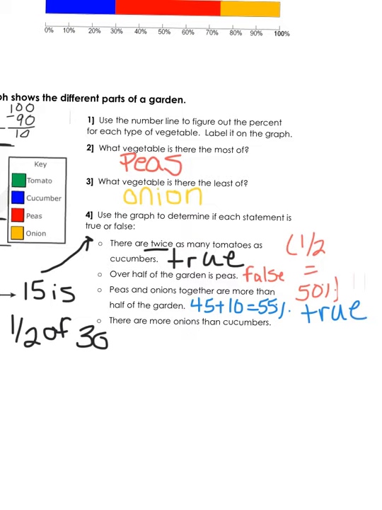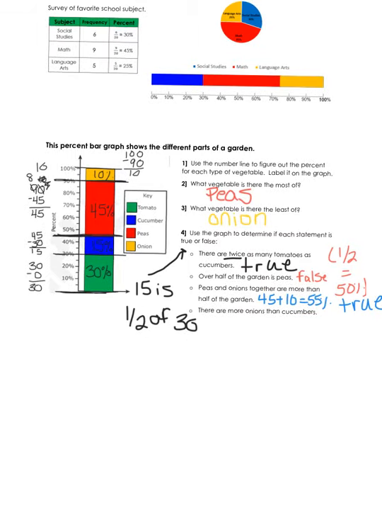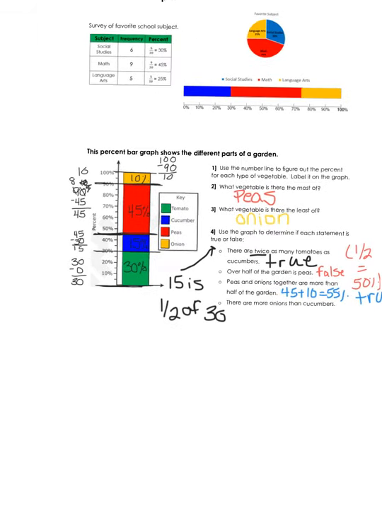Okay, and now let's look at the last question. It says there are more onions than cucumbers. Well, here onions are 10%, and cucumbers are 15%. So that would be false.